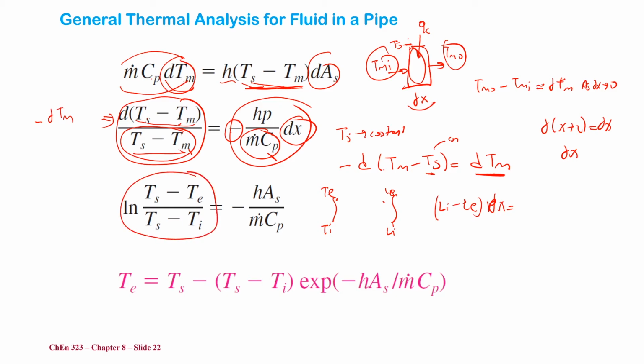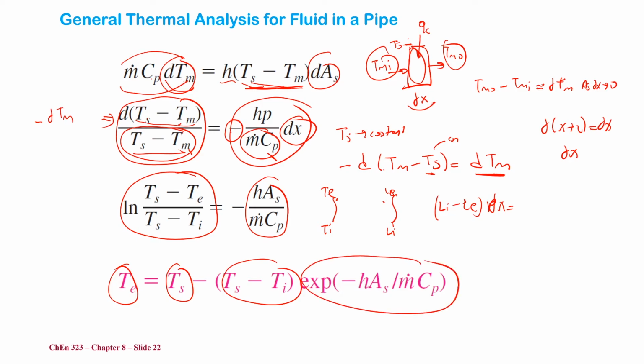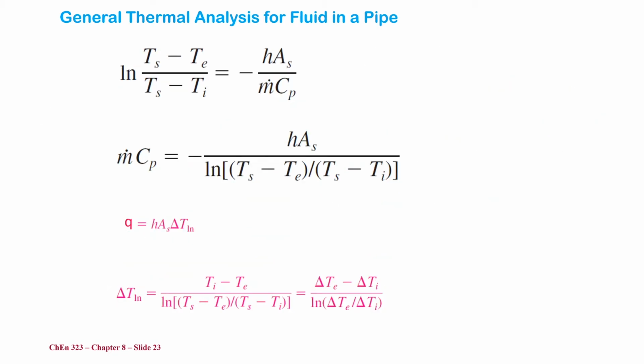So the log of (Ts minus Te) over (Ts minus Ti) is going to be h times As over m cp. And if you rearrange, the exit temperature will be Ts minus (Ts minus Ti) multiplied by exponential of minus h As over m cp. And so that means m cp is equal to h times As divided by ln of (Ts minus Te) over (Ts minus Ti).